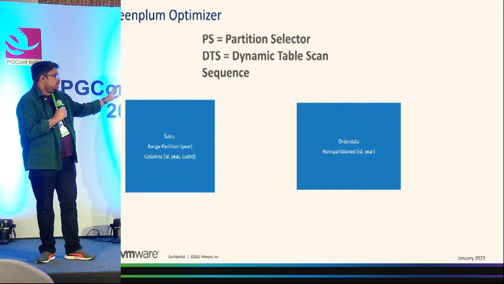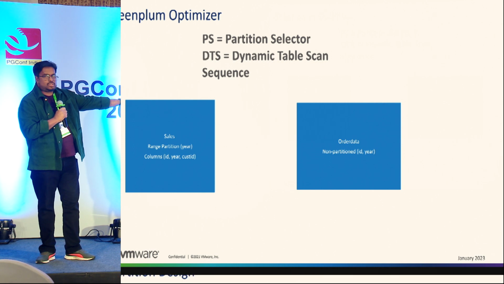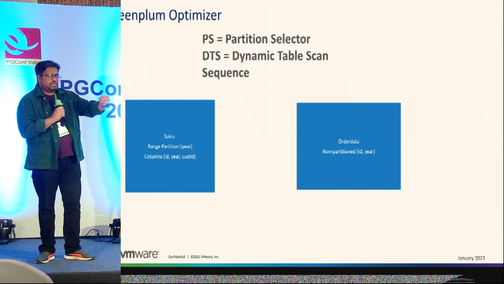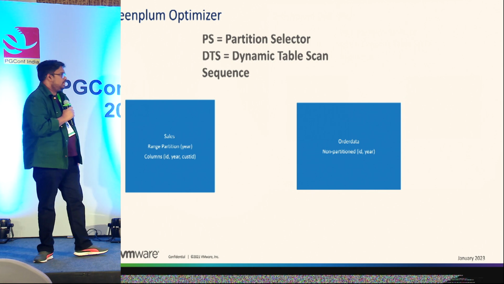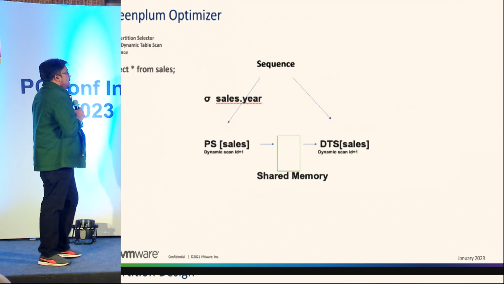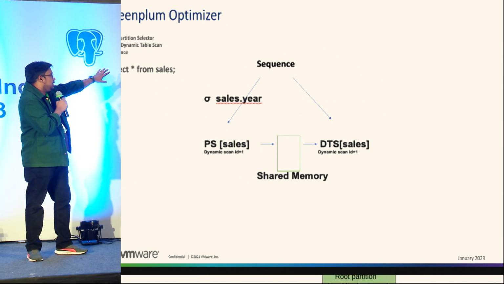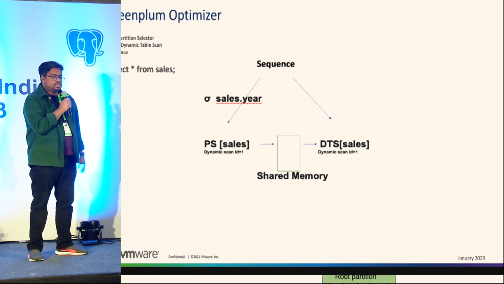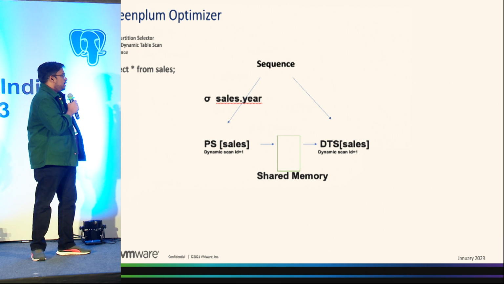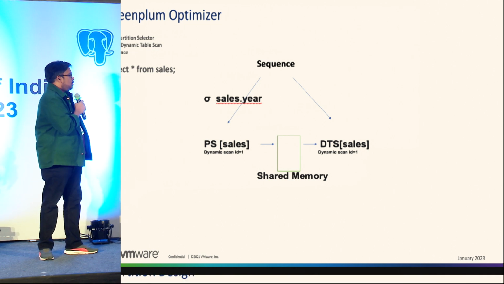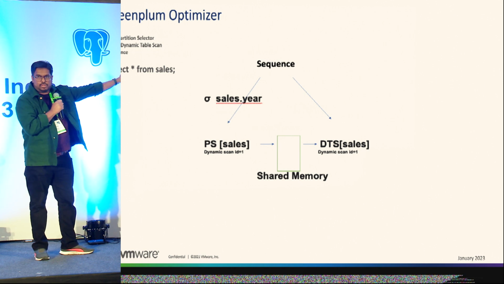Just for example purposes, we'll take 2 tables: sales, which is a partition table by year, and an order data table, which is a completely non-partitioned table. We take an extremely simple query, like a select star from sales, which is querying your partition table. When the optimizer sees this form of a query, it initiates a sequence.